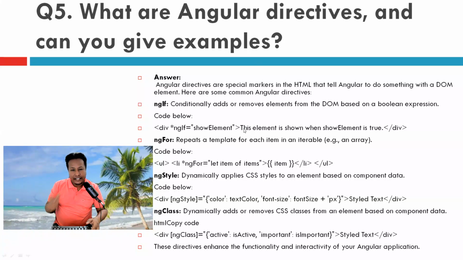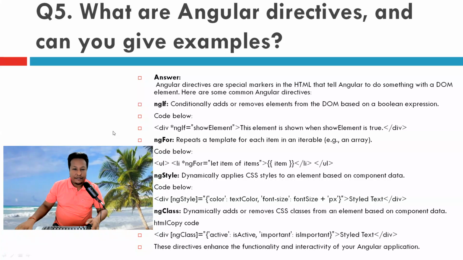ngIf conditionally adds or removes elements from the DOM based on a Boolean expression. For example, if you see here div ngIf showElement, if the showElement property is true, this div will be shown, otherwise it will not be shown.